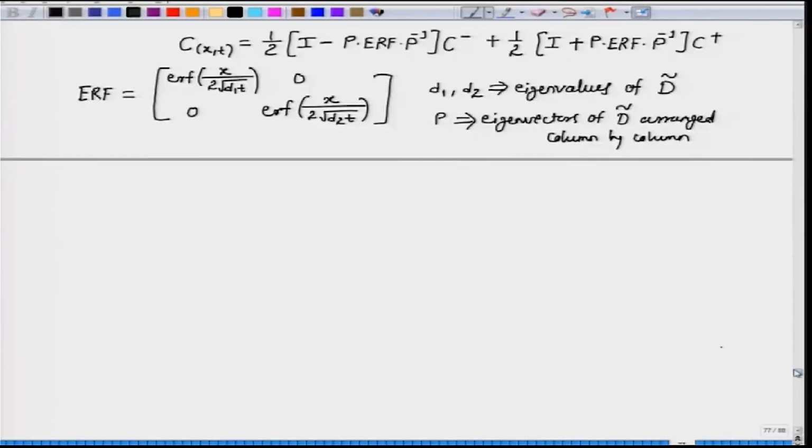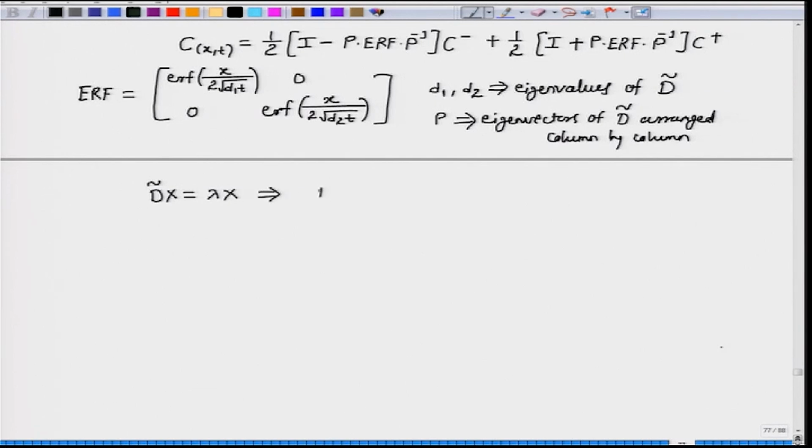To evaluate the eigenvalues and eigenvectors of d tilde, we write the typical equation d tilde times x is equal to lambda times x.